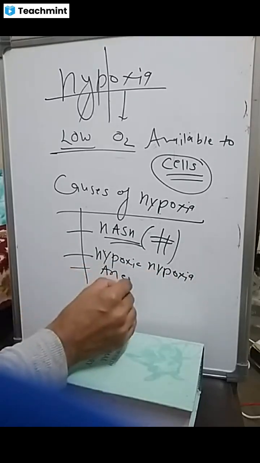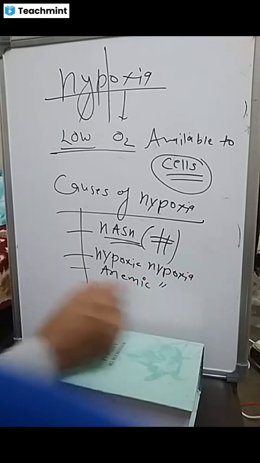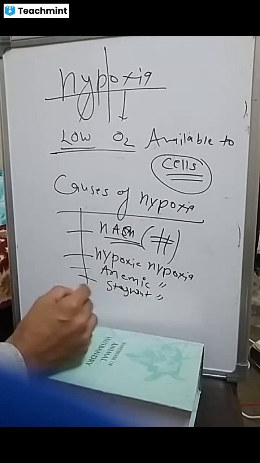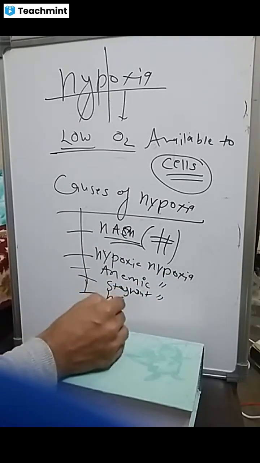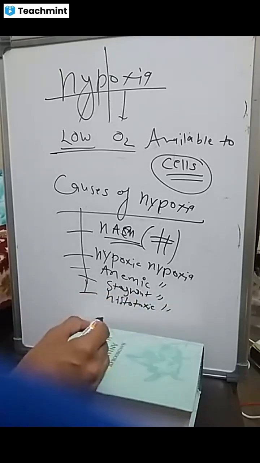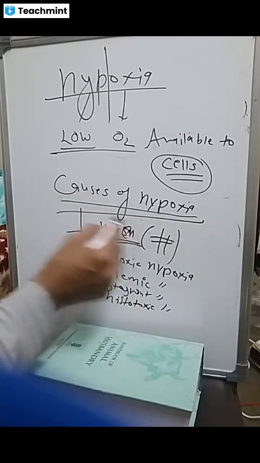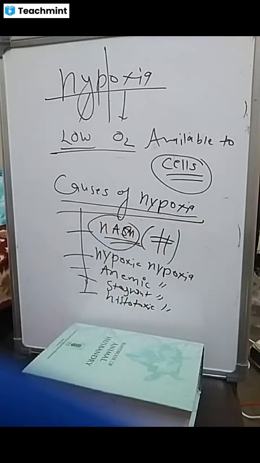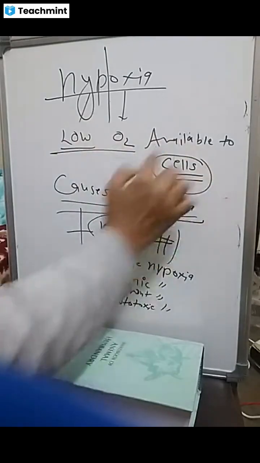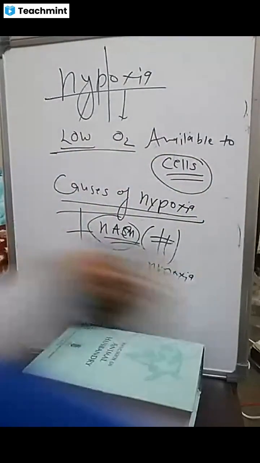Second is A for anemic hypoxia, S for stagnant hypoxia, and last is the histotoxic hypoxia. So we'll see these as the four causes of hypoxia. Why is the oxygen low to the cells? Why is it available in low amount?